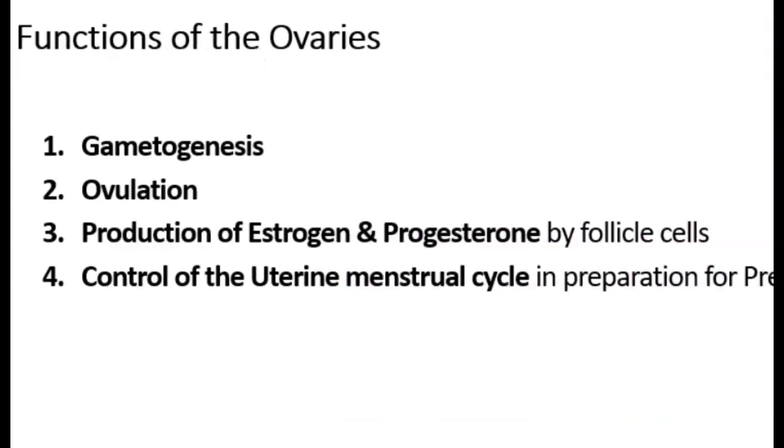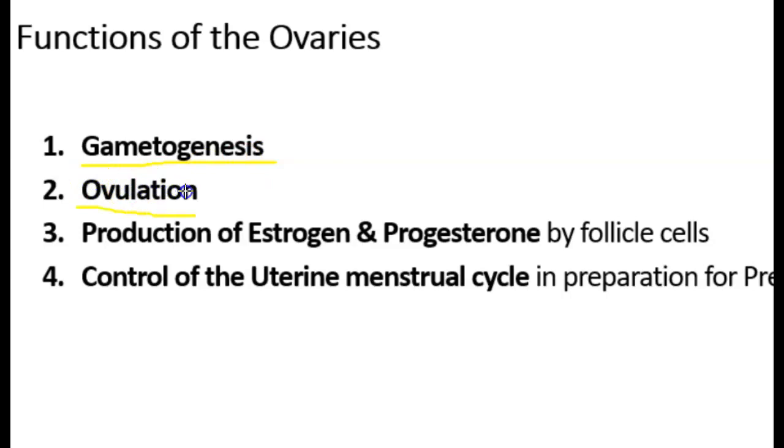Now we're going to look at the function of ovaries. One you're familiar with already because we talked about it in lab, and that's formation of a gamete, gametogenesis. That gamete also has to be released so that it can find a sperm and travel to the uterus if the gamete's fertilized.